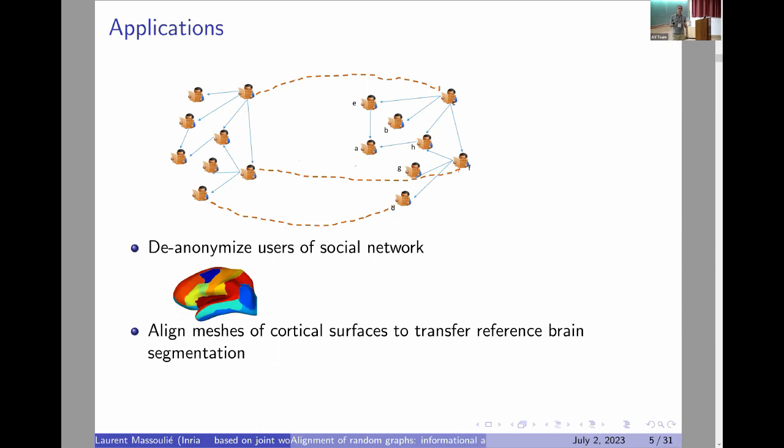So once they have acquired this triangulation of a cortical surface of a patient, they want to align it with a reference mesh of a brain that they have already annotated, where they have clustered the regions of the brains into the parietal lobe or whatnot, the Wernicke area. So you have all those things that have been considered and analyzed. So if you have your patient's brain and you align it with a reference brain, automatically you know which region corresponds to which cognitive tasks, and then you can figure out whether there are problems in one or the other.